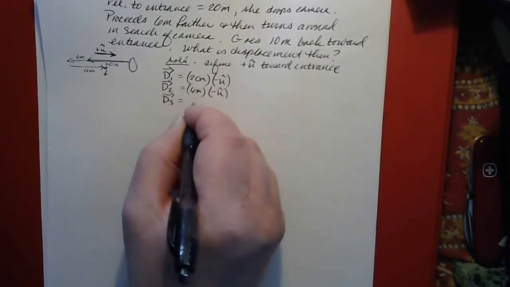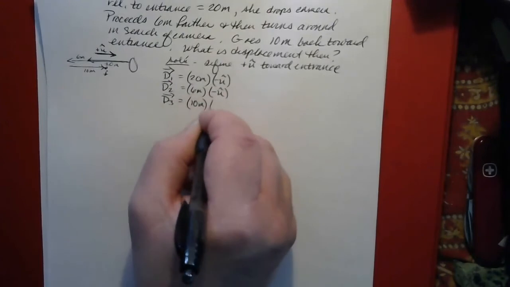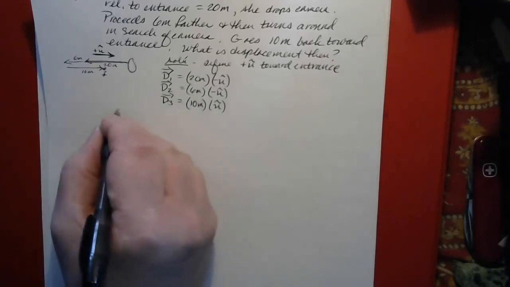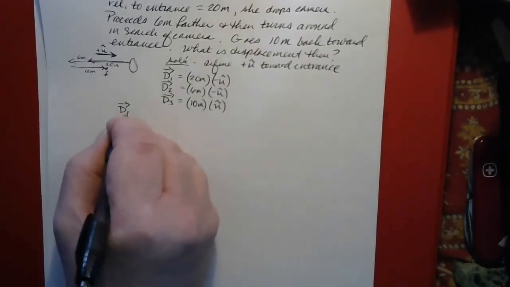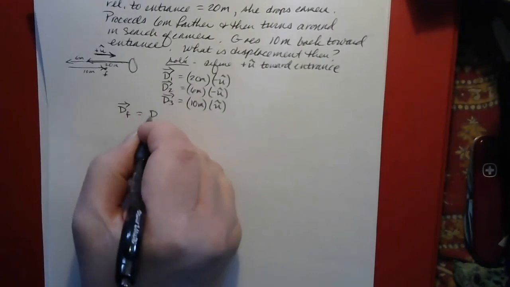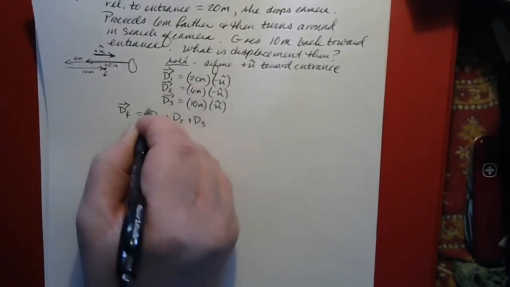And then D3 is 10 meters, and that's in the positive direction because she's headed back out of the cave at that point. And then the vector at which she ends up, that is the final location, is equal to just D1 plus D2 plus D3.